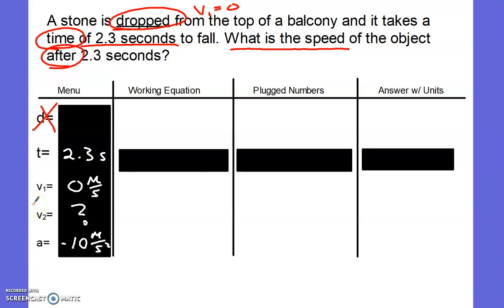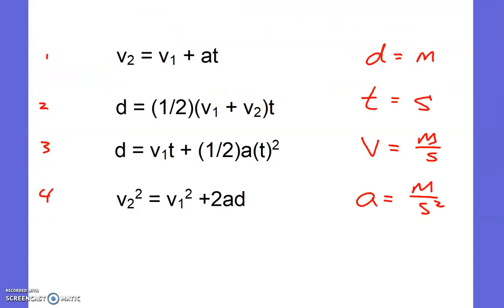So when we're figuring out what equation to use, I want an equation that does not have the letter D. If I look through equations 1, 2, 3, and 4, this one has a D, this one has a D, this one has a D, this one does not. I'm looking for the equation that does not have the letter D, because that's the one that I don't have anything written next to.